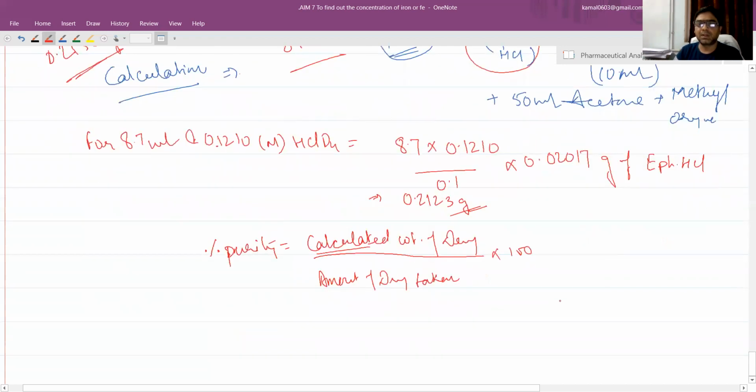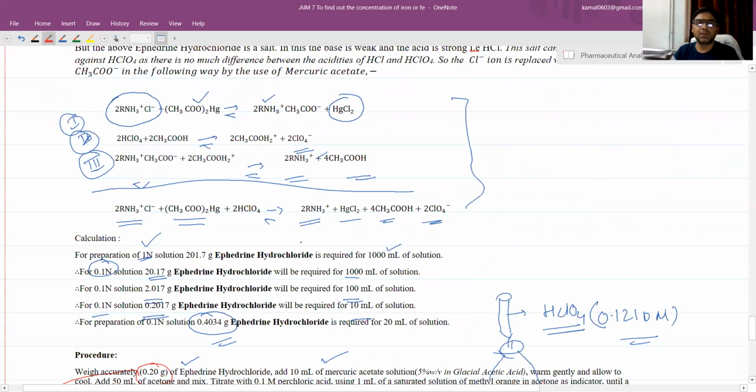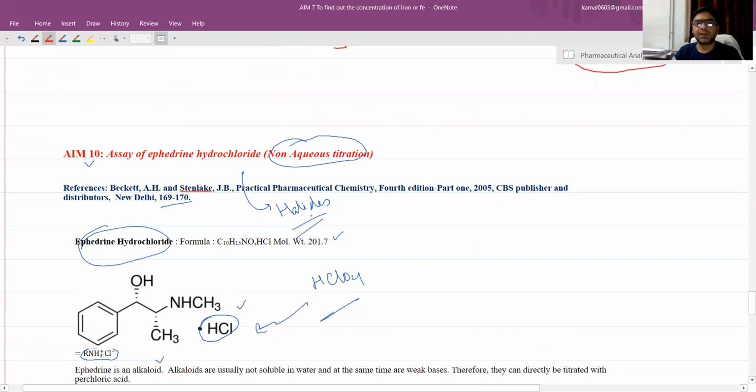So the calculated weight here is 0.2123, and the weight we have taken, we write from here, is 0.2150. That will be multiplied by 100. So this will come to 98.4%. Like this we have to calculate the ephedrine hydrochloride percentage. So this is all about the assay of ephedrine hydrochloride. Thank you.